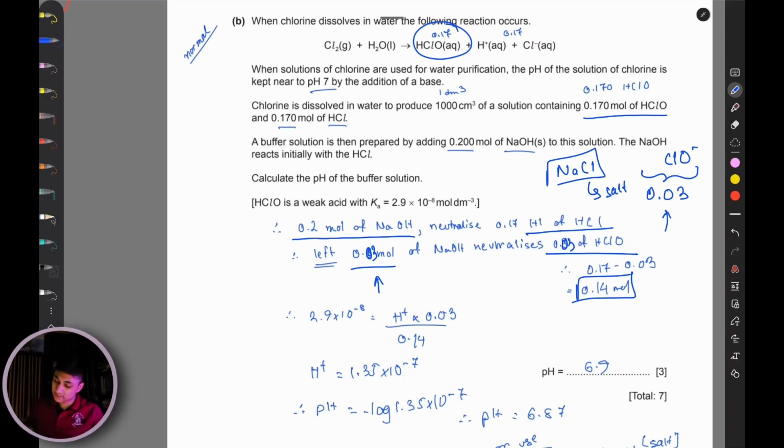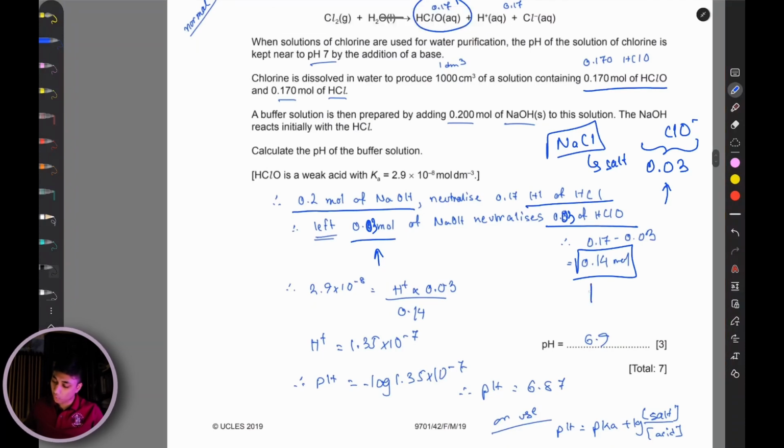So, ultimately what's going to happen is this 0.14 mole of HClO that has not reacted will dissociate and release H plus ions in the presence of chlorate ions, which is a salt, which is a base basically, your salt base, that is NaClO.